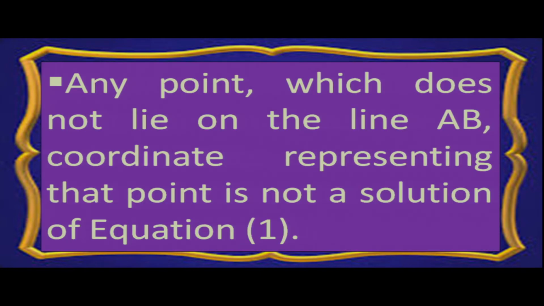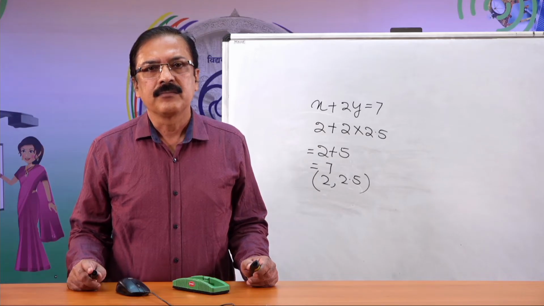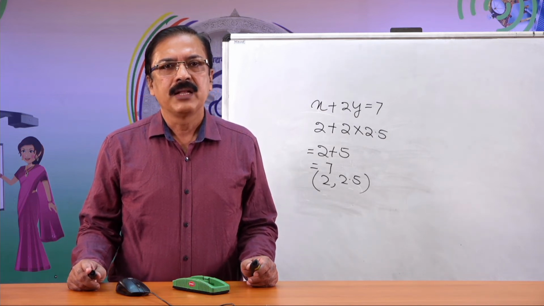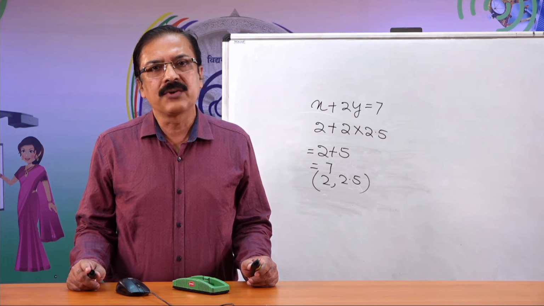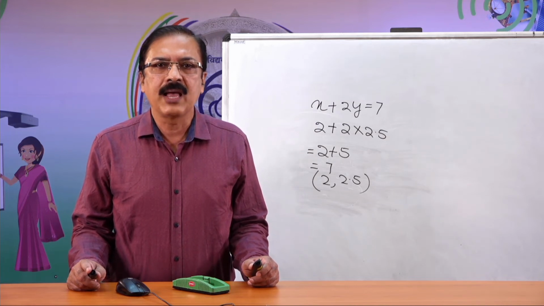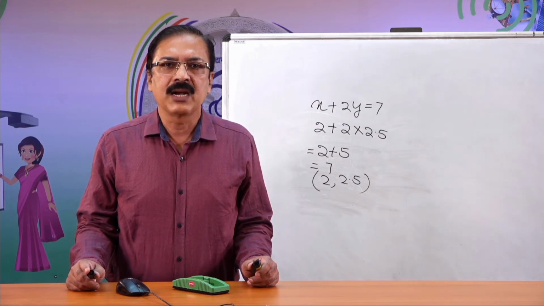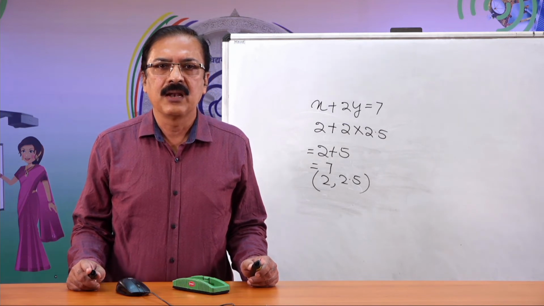Then, any point which does not lie on the line AB, the coordinates of that point are not a solution of the equation. Here we studied that if a point satisfies the equation, then it must lie on the line, and any point on that line will have coordinates that satisfy the equation.